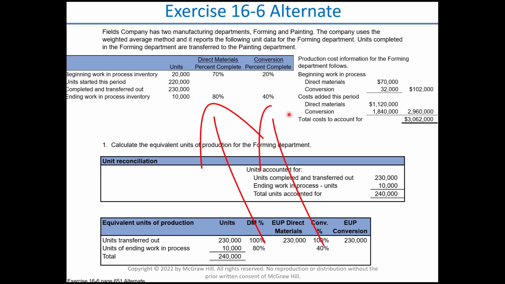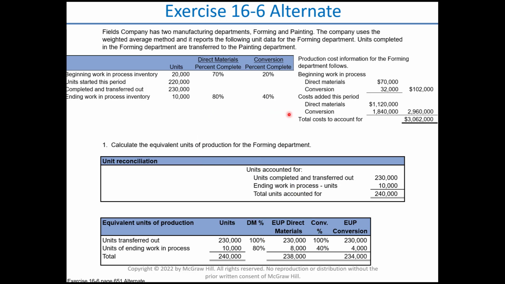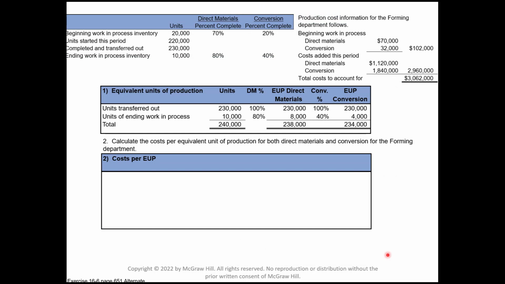So we're just going to multiply 10,000 times 80% and 10,000 times 40%, and then add. Notice that the equivalent units of production for materials is 238, but the equivalent units for conversion is 234. So normally you will have different numbers for these two calculations.